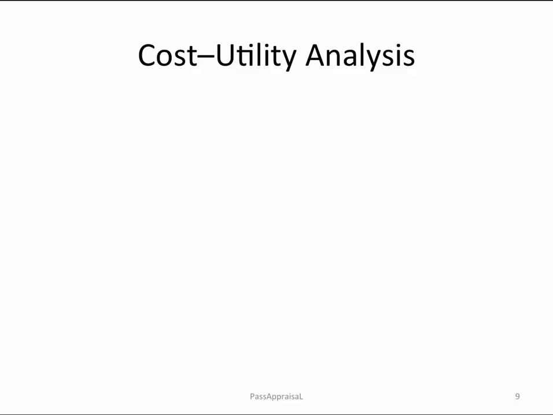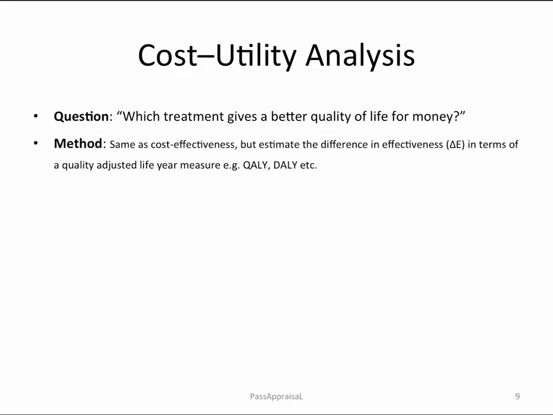The next in the list of types of economic analysis is cost utility analysis. This answers the question, which treatment gives a better quality of life for the money invested? Cost utility analysis uses the same method as cost effectiveness analysis. The only difference is in the definition of effectiveness.